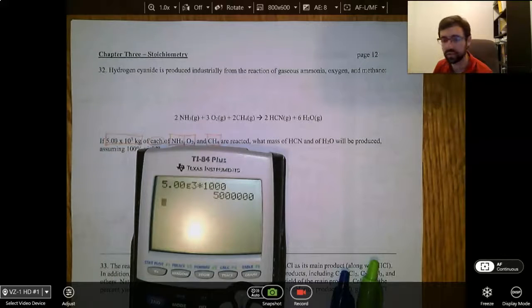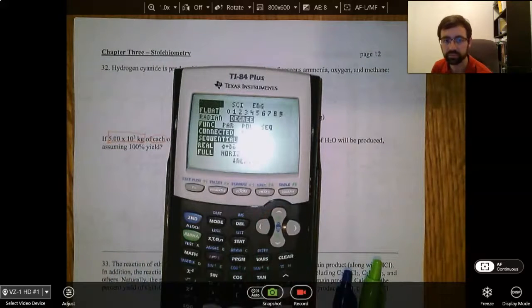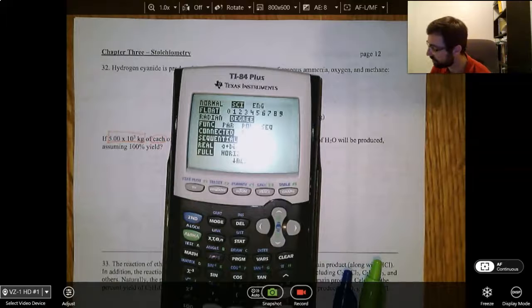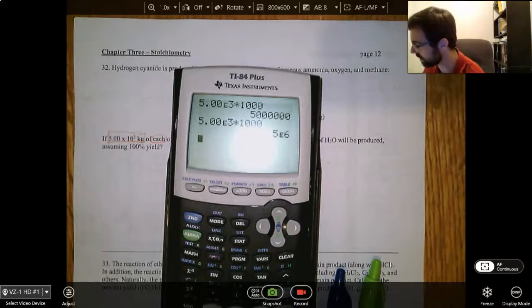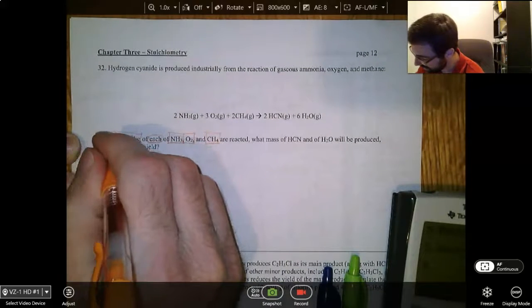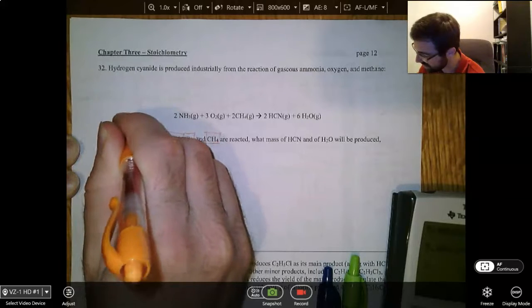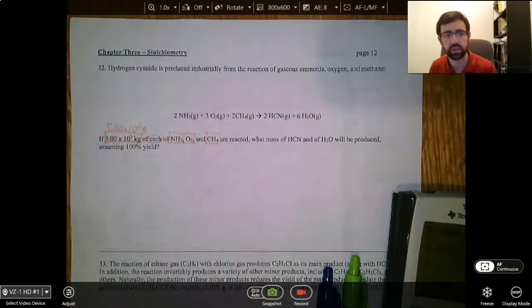If I want that in scientific notation, I quickly hit the mode button, go over to scientific notation, enter, and I get 5 times 10 to the 6th, but we want to keep those 0.00, 5.00 times 10 to the 6th. So this number is also known as 5.00 times 10 to the 6th grams. I said kilograms, I meant grams.